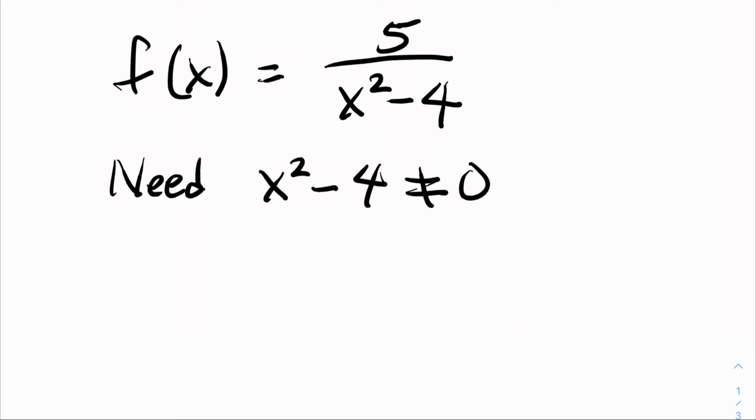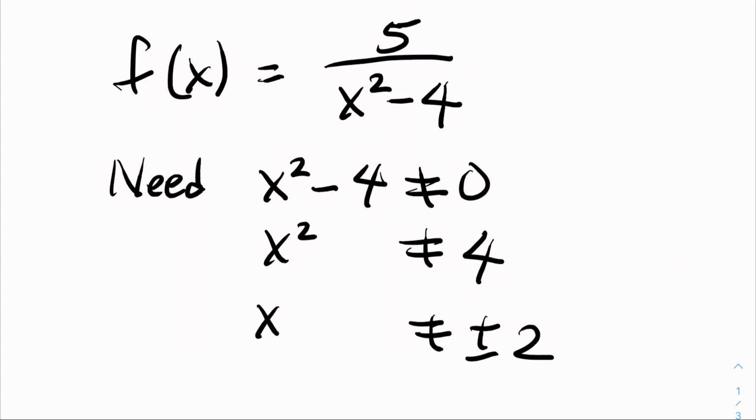Well, again, you want to isolate your x on one side, which in this case we're going to leave isolated on the left side. So move the 4 over, and now you have x squared not equal to 4, and when you take the square root of both sides, x does not equal positive or negative 2. Remember, whenever you take a square root, there are always positive and negative components to it. So there is our answer there.